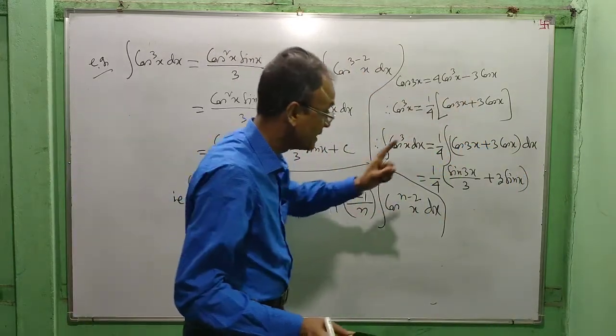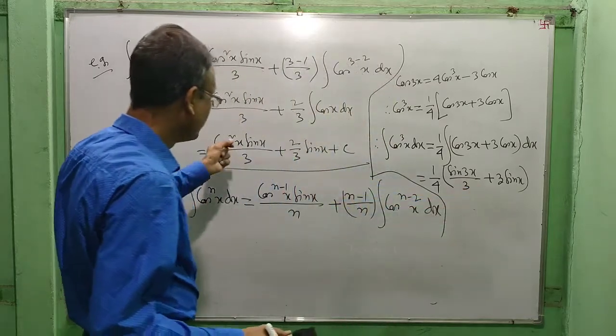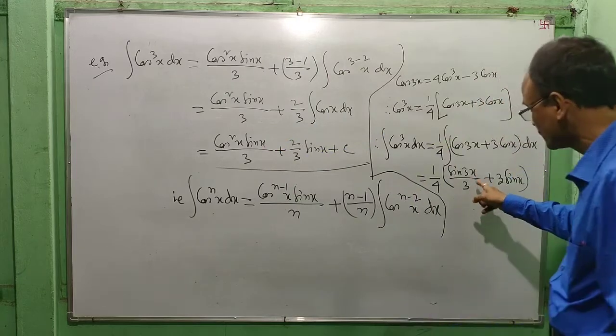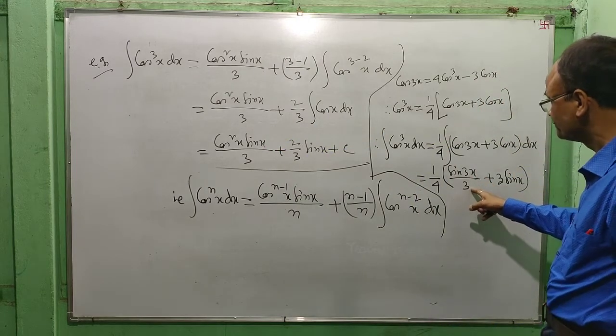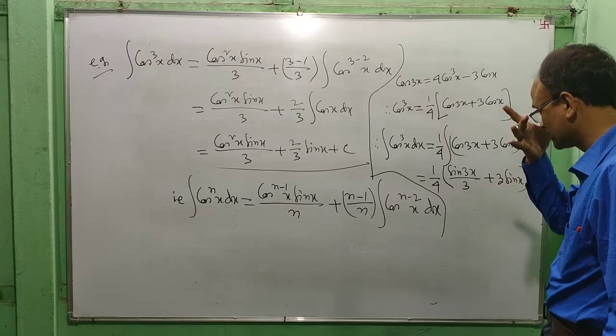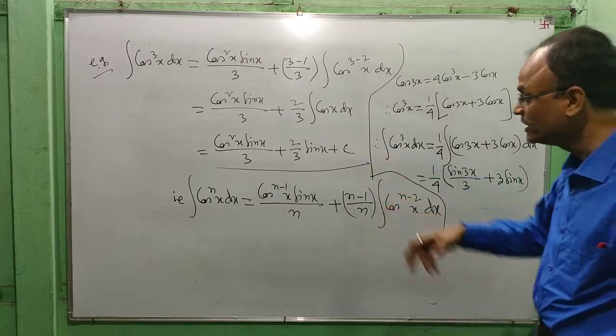Now, this result should be equal to this. Sin 3x divided by 3 plus 3 sin x, this result should be equal to this.